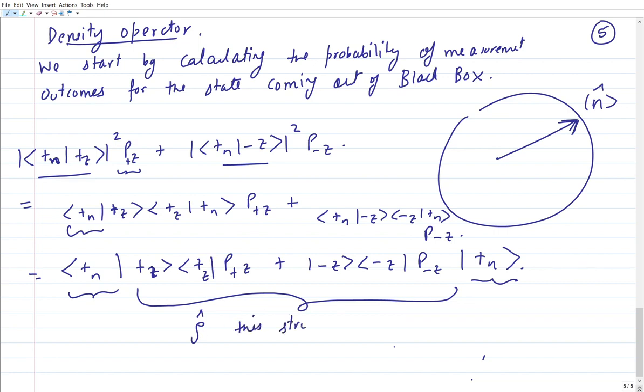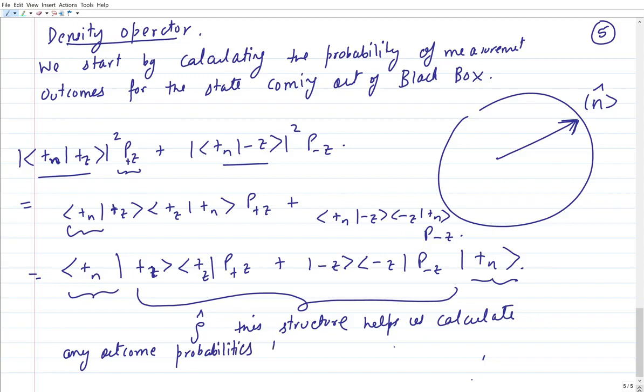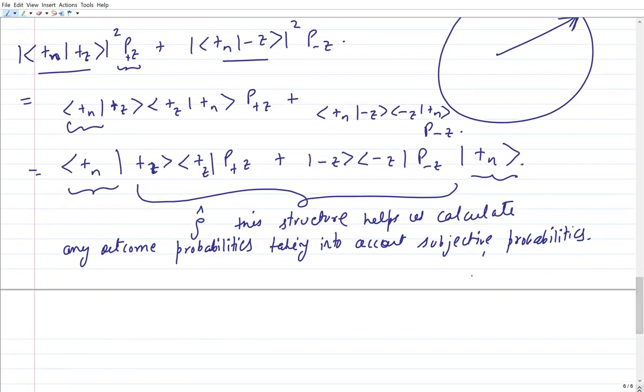This structure helps us calculate any outcome probabilities taking into account subjective probabilities. Notice this spin direction was arbitrary.